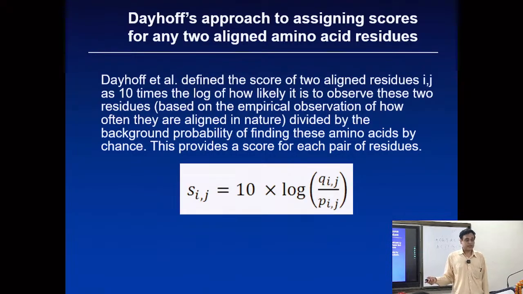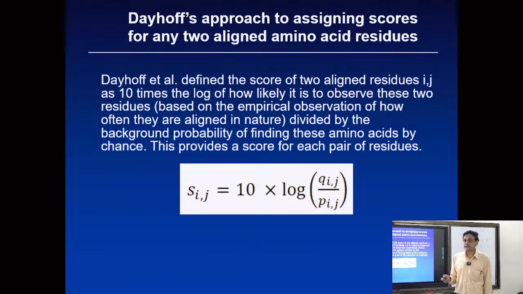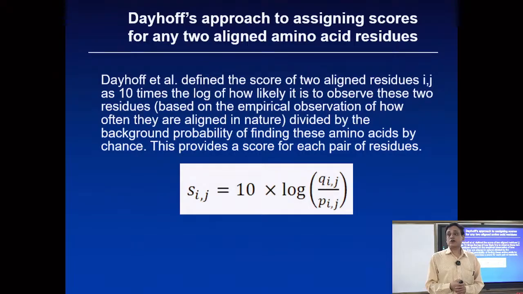This is the score for residue I aligned to residue J. And Qij is the probability that I is aligned to J because of them sharing a common ancestor, because they are related.